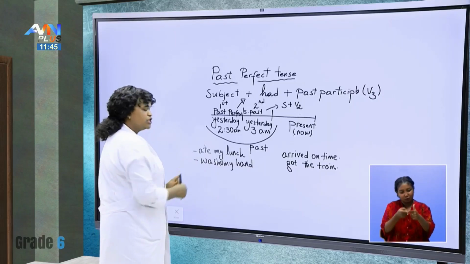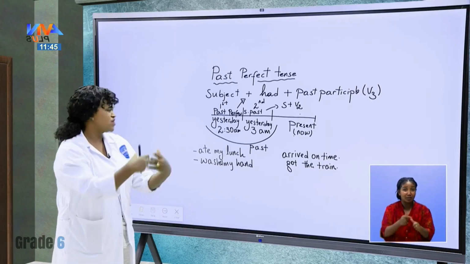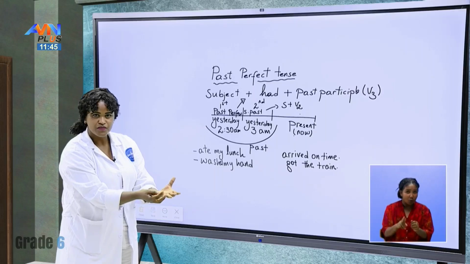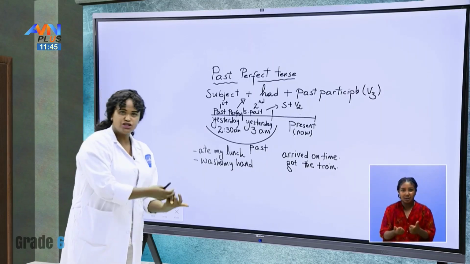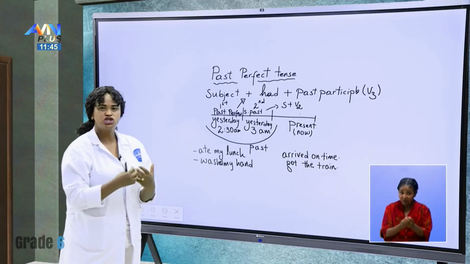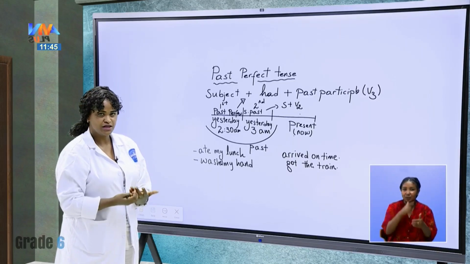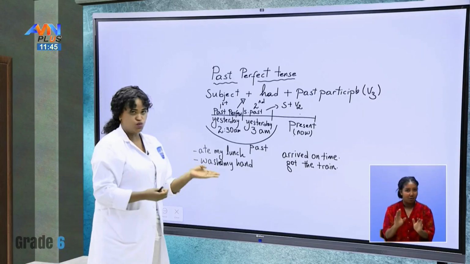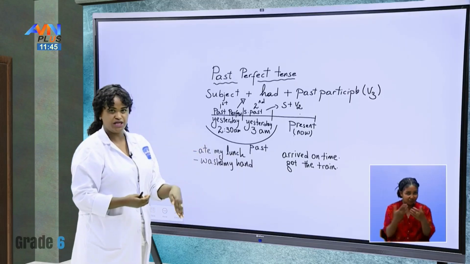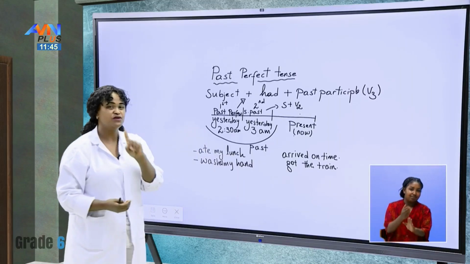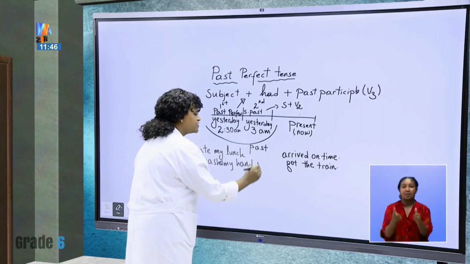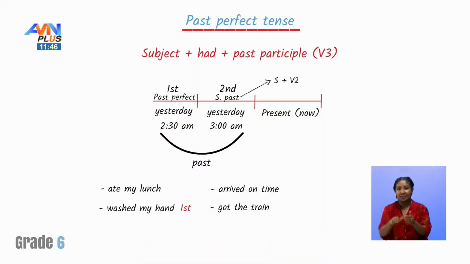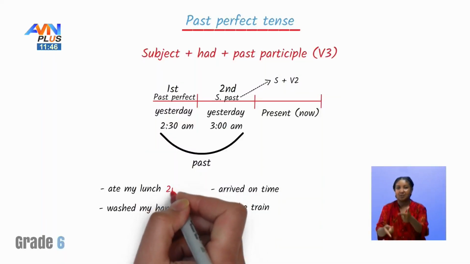Which one comes first, ate my lunch or washed my hand? Obviously, even though you wash your hands before and after you eat, we don't eat before washing our hands. So this one happens first and this one happens second.